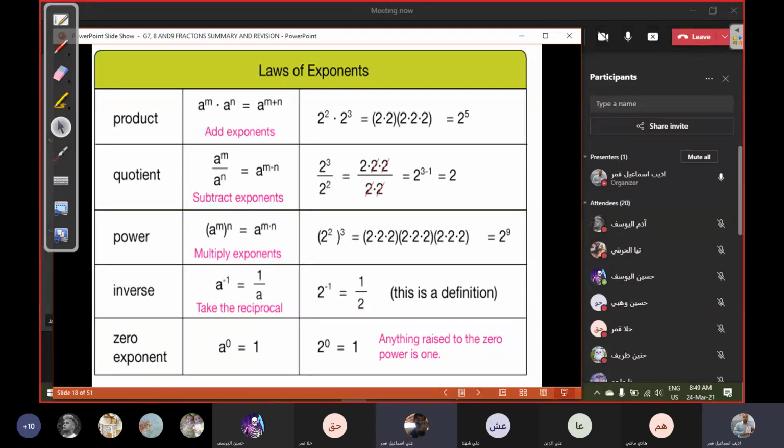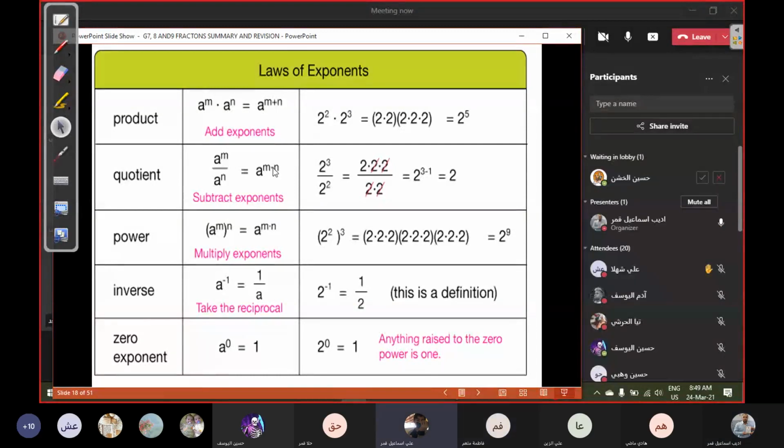This is how we read the power: a to the power m over a to the power n, or we say a exponent m over a exponent n, equals a to the power m, n. No, it's not a dot. It's a minus sign. Equal a to the power m minus n. Okay, we subtract the exponents.